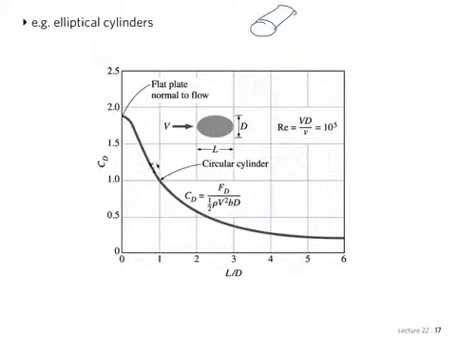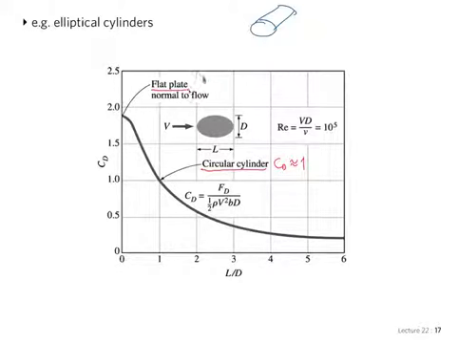And depending on the aspect ratio, these are the values of the drag coefficient. You can see that for L over D equal 1, this is a circular cylinder, and the drag coefficient CD is about 1. But as L over D goes to 0, the cylinder becomes a flat plate.